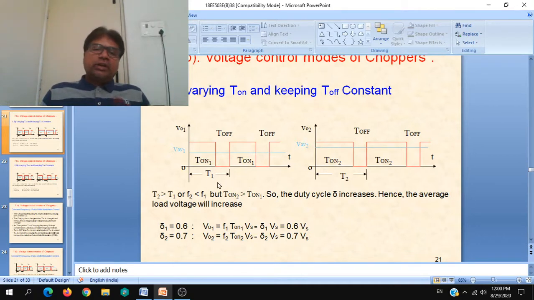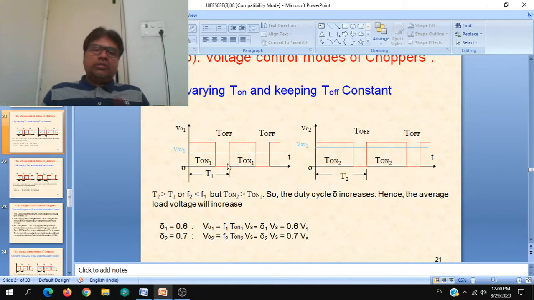Again, you can vary the chopping time period by keeping T on constant and varying T off, or by keeping T off constant and varying T on. So in both the methods, ultimately the total time period T will change and frequency will change.